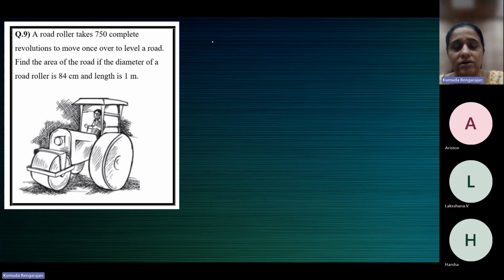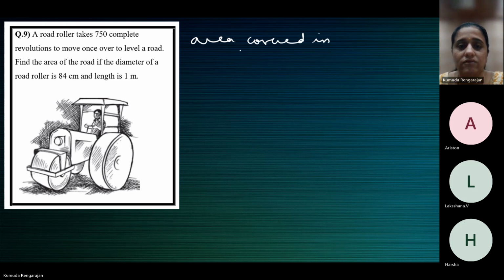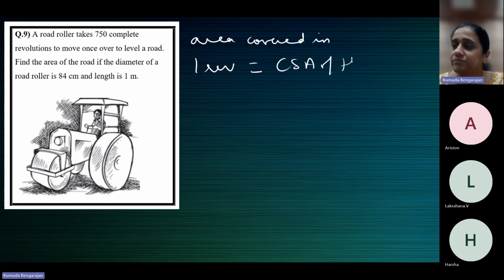So what we understand is that the area covered in one revolution is equal to the CSA of the cylinder, because it is only the CSA that comes in contact with the road. When we say area covered in one revolution, it is the area of the road or the ground covered in one revolution.